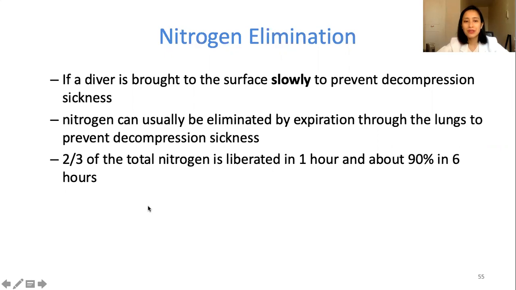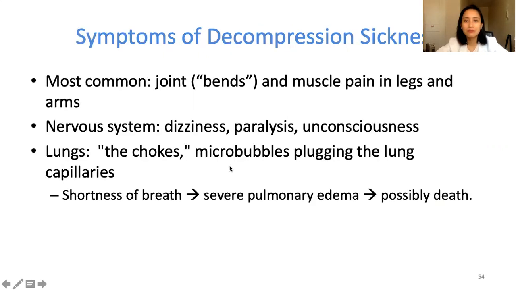Two-thirds of the total nitrogen is liberated in 1 hour and about 90% in 6 hours. So if you go down very, very low, the ascent to the sea surface should also be slow in order to give a chance for the nitrogen to be liberated and not form gas bubbles.